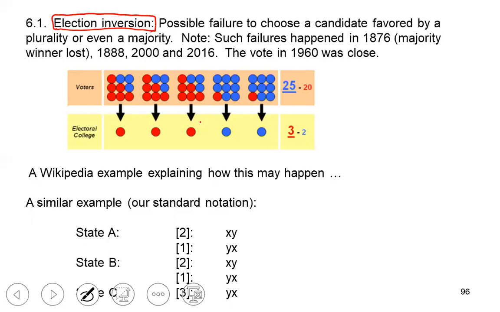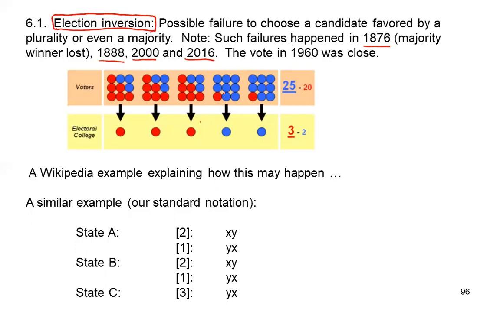And such failures happened quite a few times. In 1876, the majority winner lost the elections. In 1888, 2000, and 2016, the plurality winner lost the elections. The loss was quite substantial, as you remember. Mrs. Clinton won, I think, 2.8 million more votes than Mr. Trump.